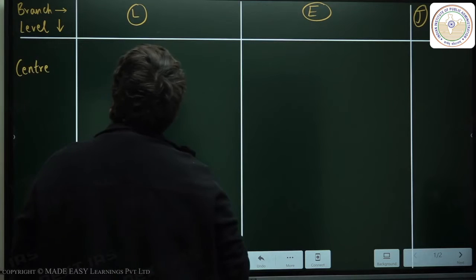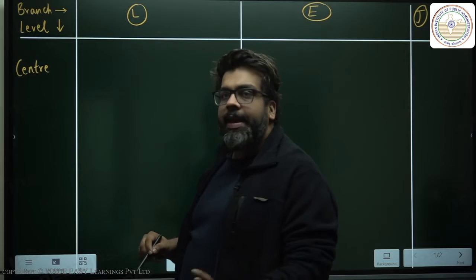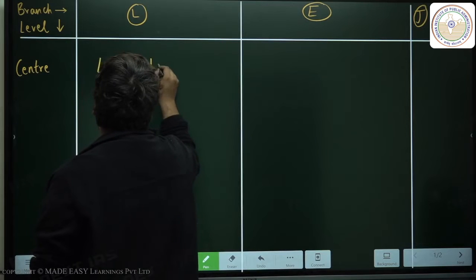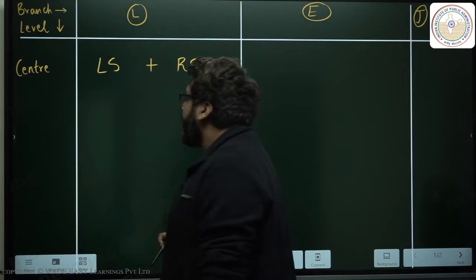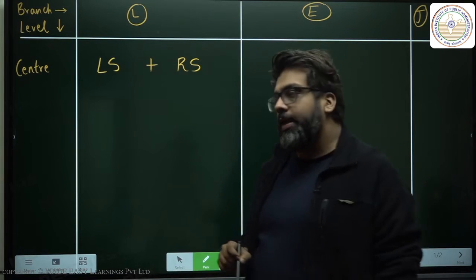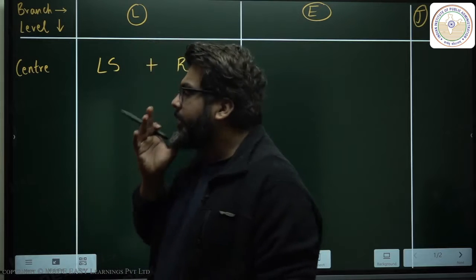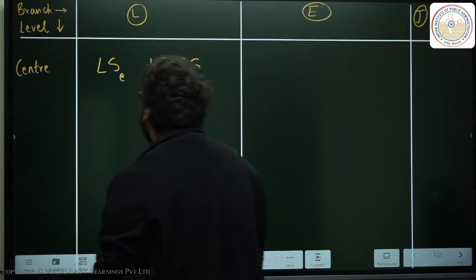Okay. Now, from the legislative point of view, we have a bicameral legislature. So you can write Lok Sabha and Rajya Sabha. Okay, Lok Sabha and Rajya Sabha, and each of them have two types of members. Now Lok Sabha only has elected members.